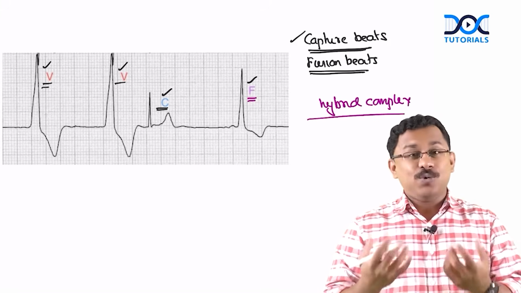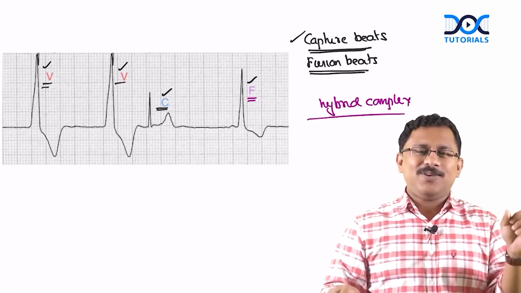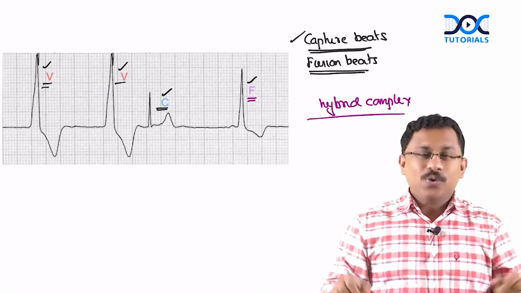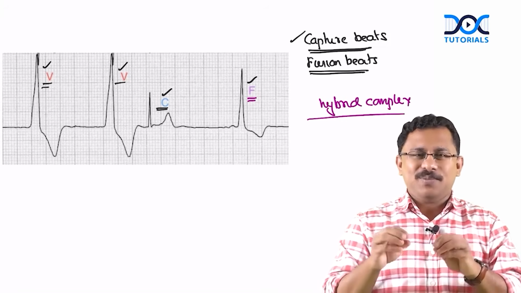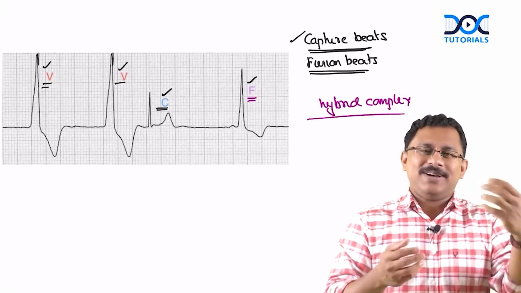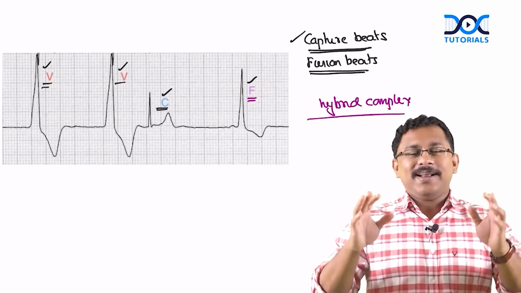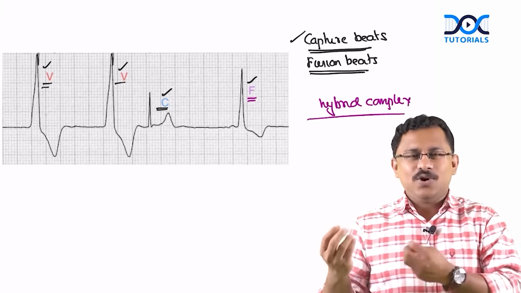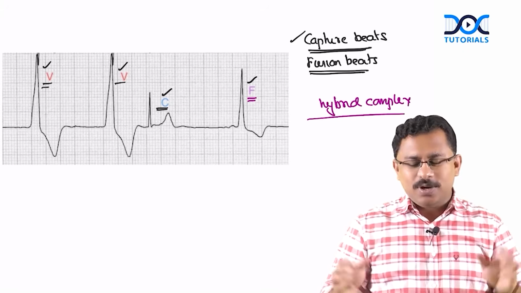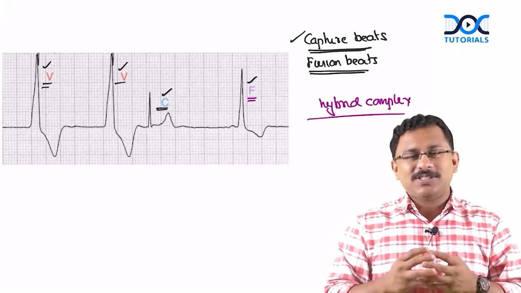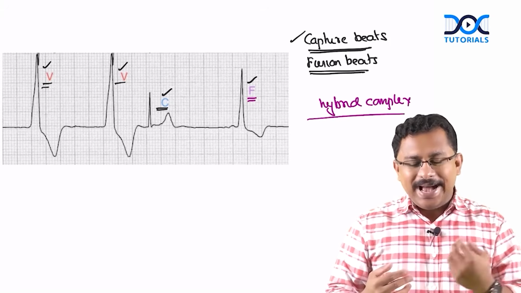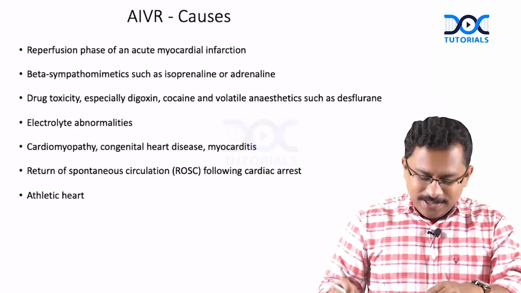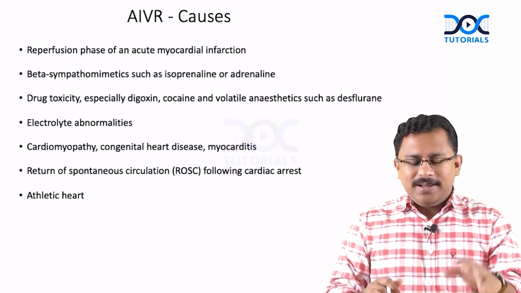So that is what is called a fusion beat, where you have an impulse from the SA node as well as the ventricular ectopic merging into a hybrid complex. The hybrid complex will have features of a mixture of the normal QRS and that of the idioventricular rhythm. The QRS may not be as large as that of an idioventricular rhythm, but not as small as the QRS of a normal depolarization. It will be a mixture, a hybrid complex. That is what is called a fusion beat. So in AIVR you may get capture beats as well as fusion beats. That's clear.